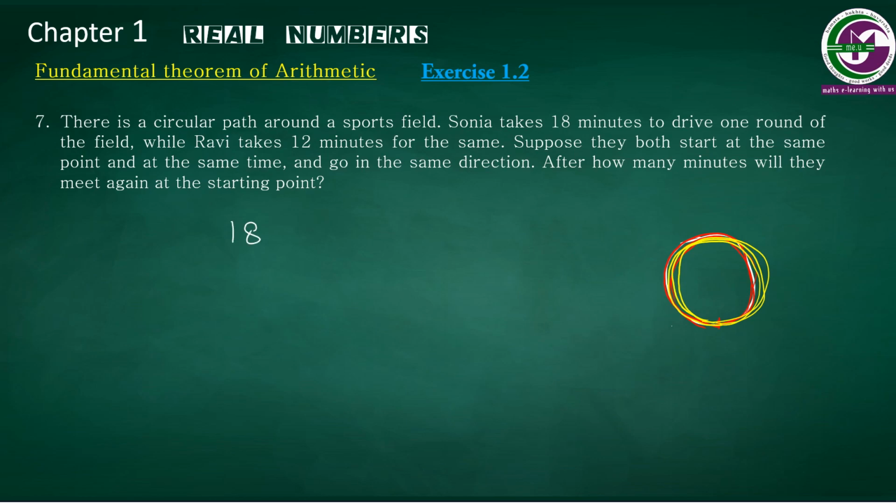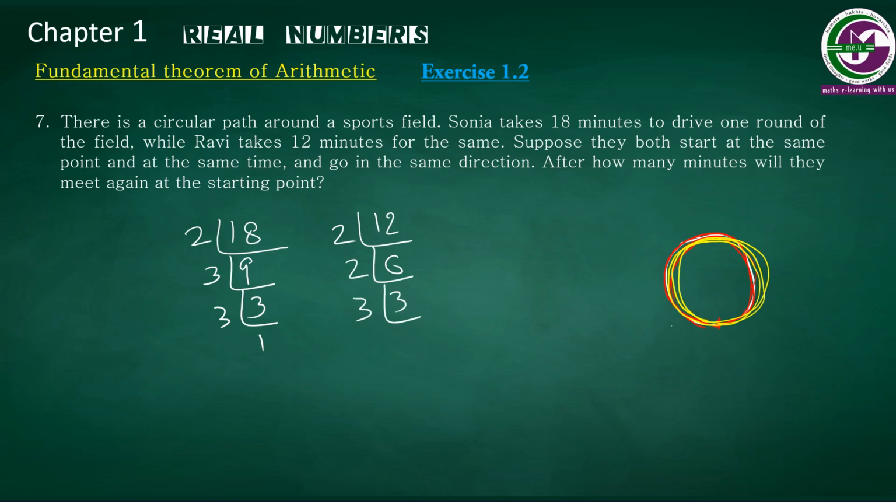We'll factorize 18 and 12. 2 is a factor of 18, so we get 9 here. So 3 is a factor, 3 3 1. And we'll factorize 12. 2 is a factor, so 6, again 2 is a factor, 3, then 3 1.